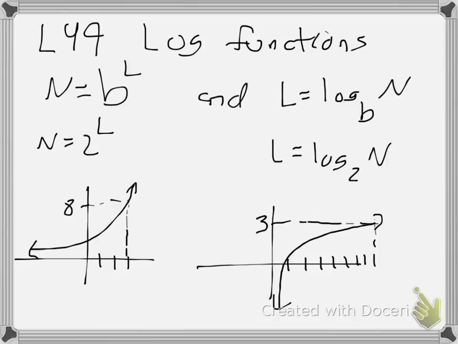So now I'm putting 8 in and I get 3 out, because 3 was the exponent to make the base 2 equal to 8. The nice thing about log graphs is that you can use either one to solve for the unknown variable. Okay?